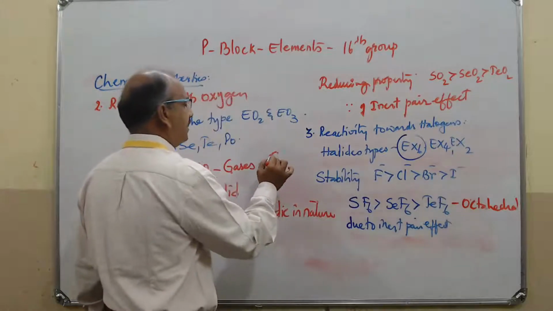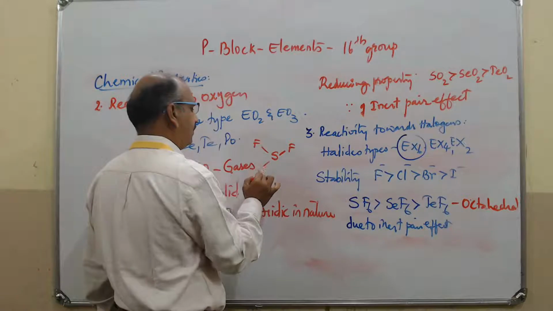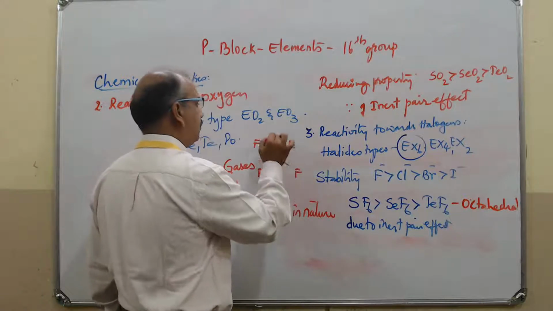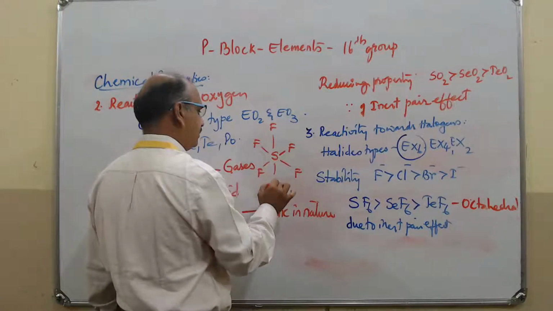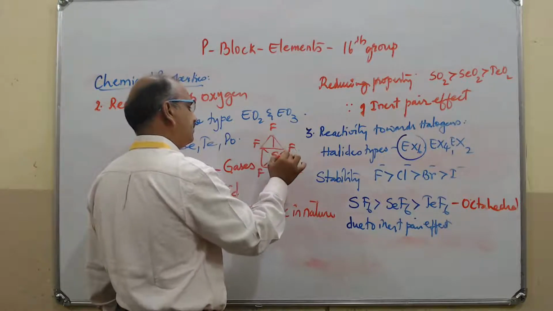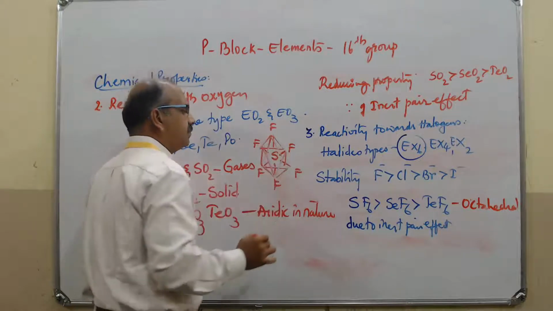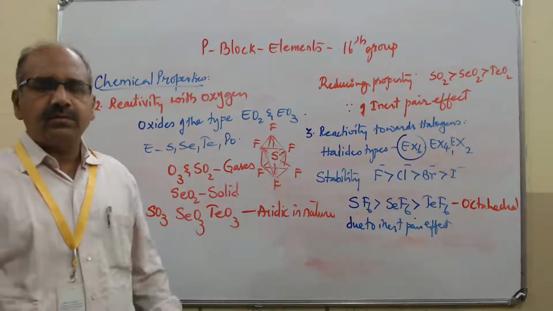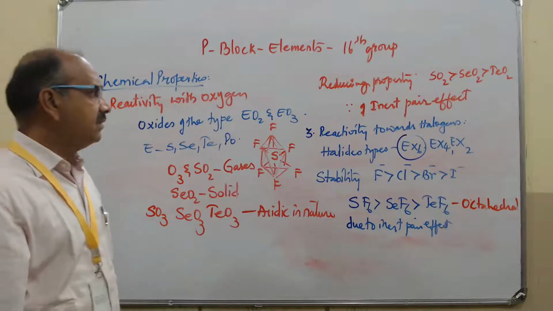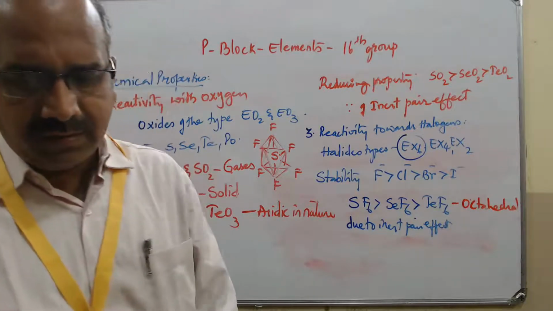See, sulfur is in the center, with fluorine, fluorine, fluorine, also fluorine, one above and the other below, bonded like this. This we call octahedral. Six different fluorine atoms are bonded with the sulfur.